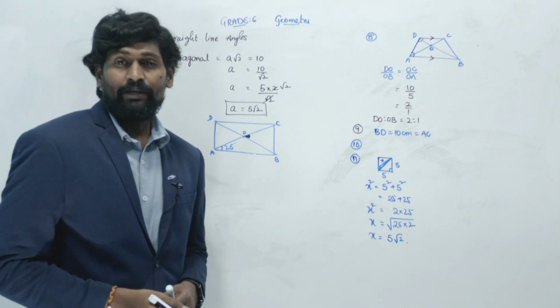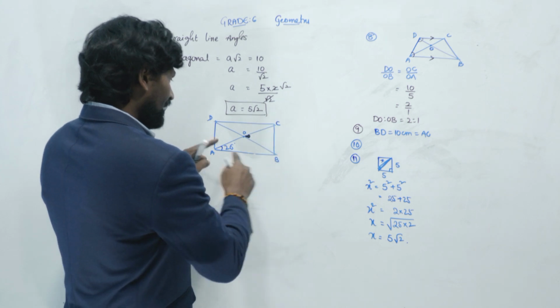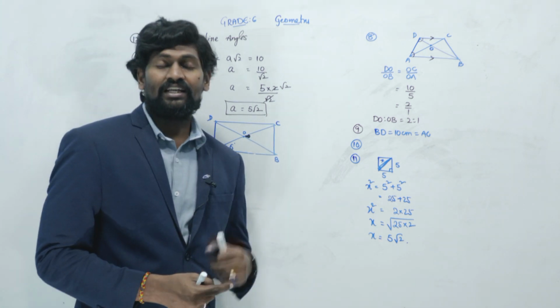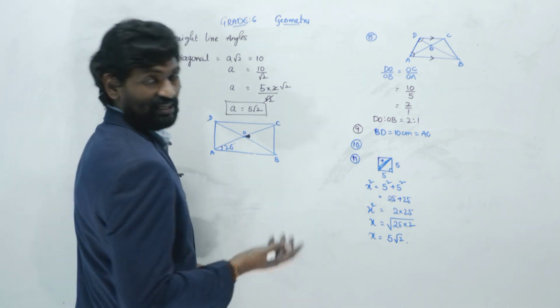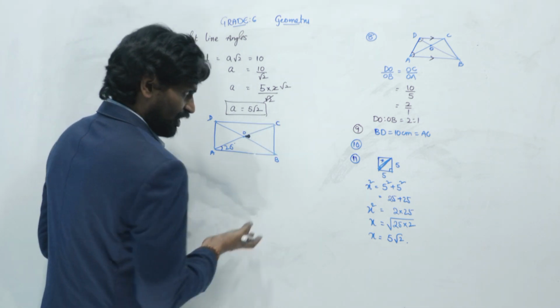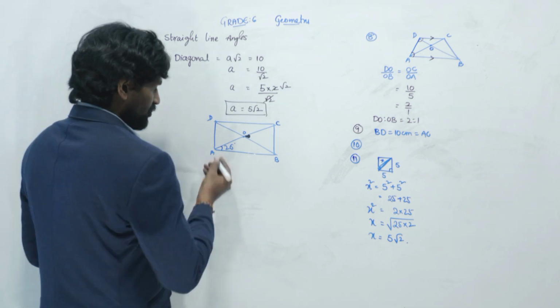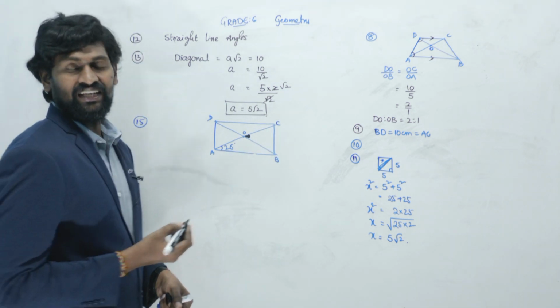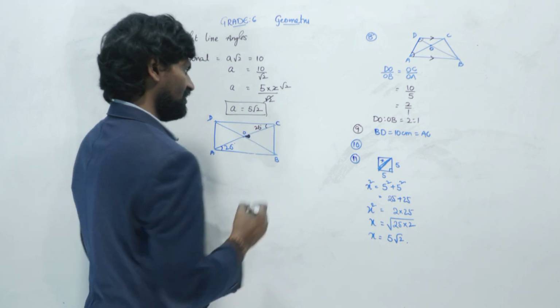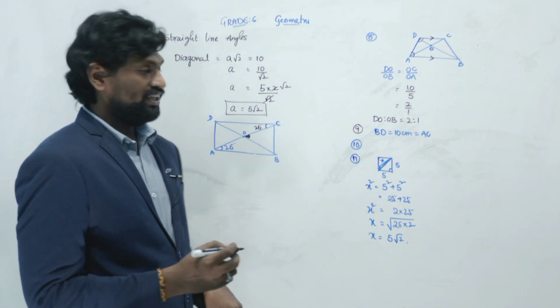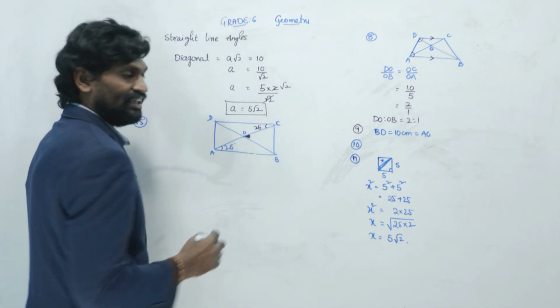Now coming to the rectangle property, opposite sides are parallel and equal. If you take AC, the diagonal, as a transversal, this angle is also 26 degrees. And we know already each angle in a rectangle is 90 degrees.